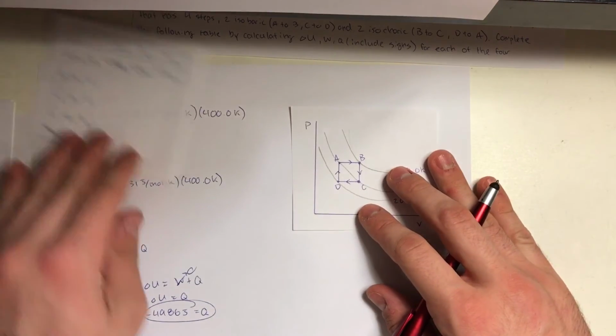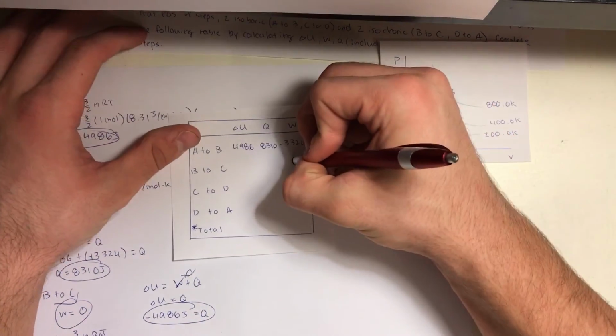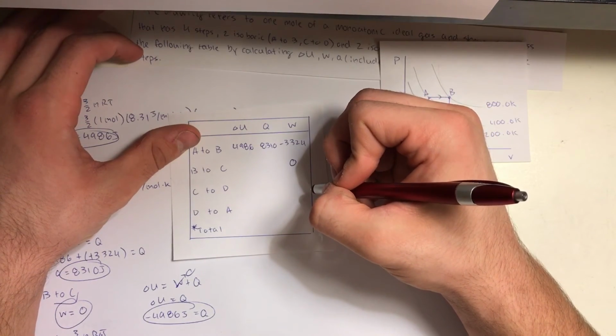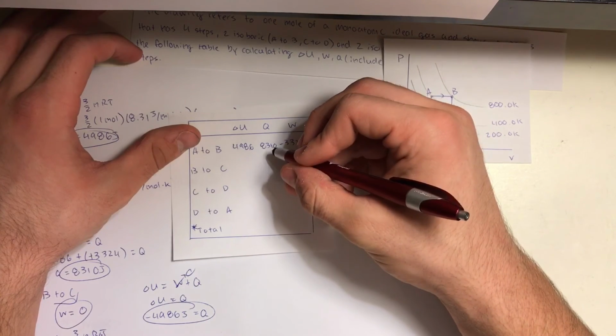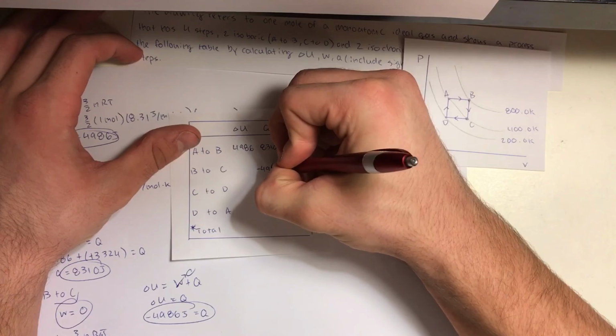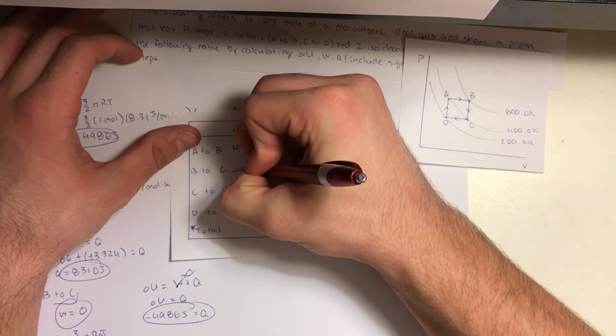So we'll just put those values on our table. Work is 0. This is Q, negative 4986, and so is the change in internal energy.